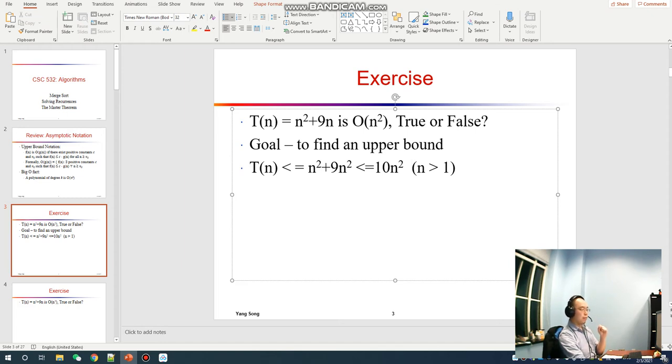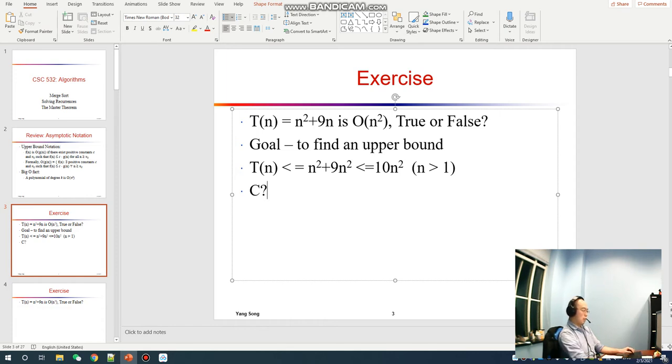Now we have the observation that T(n) is smaller than or equal to 10n squared for all the values when n is greater than 1.